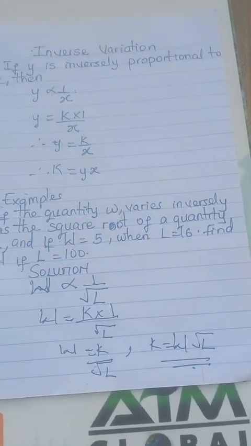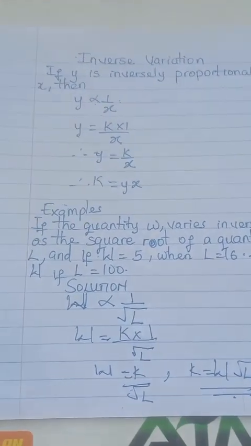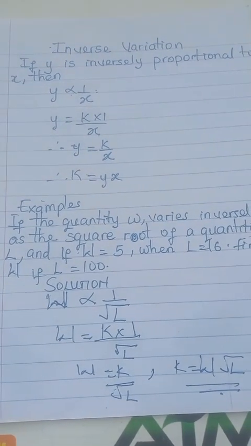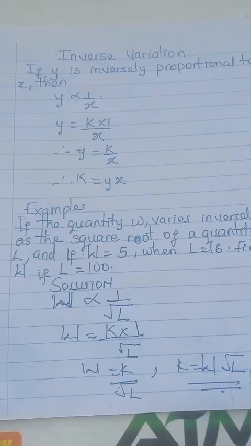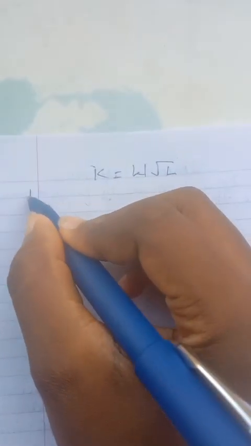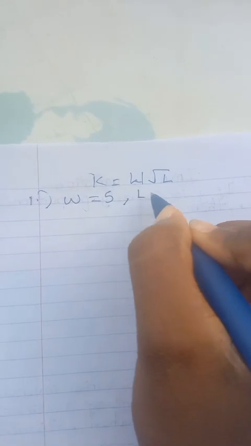So now we've gotten this formula now. Let's now read the question further. And if W is equals to 5 when L is equals to 16, they gave us what W and L is now. W is 5, L is 16. So I've written the formula here already, the one we got.